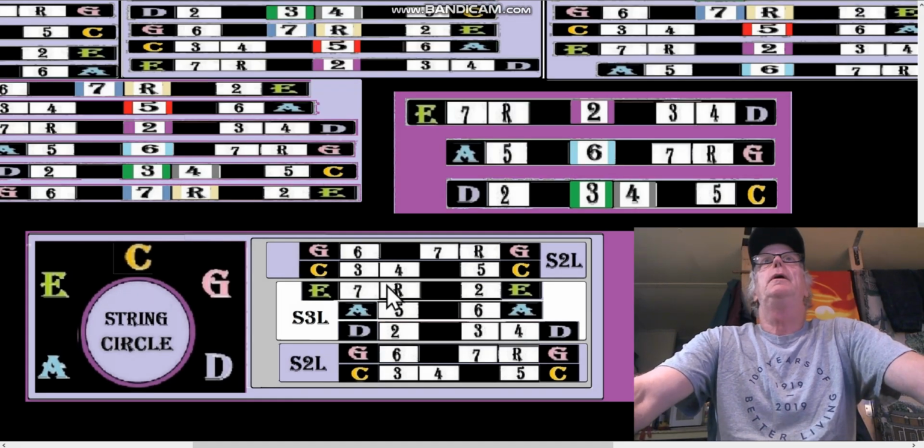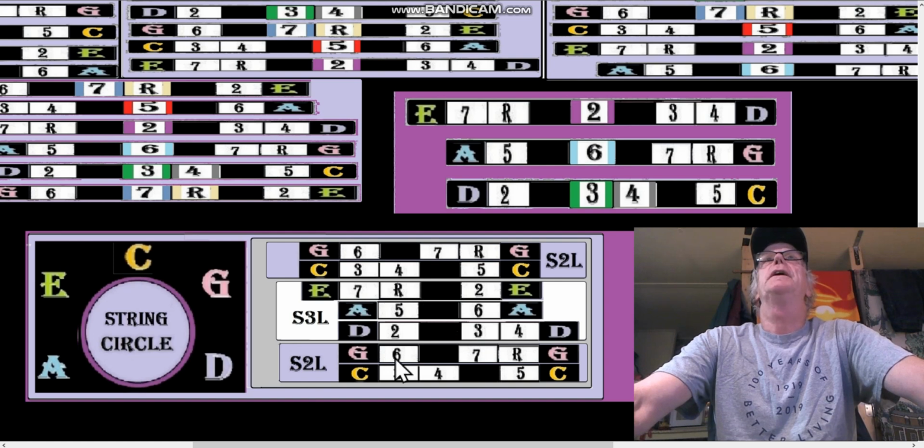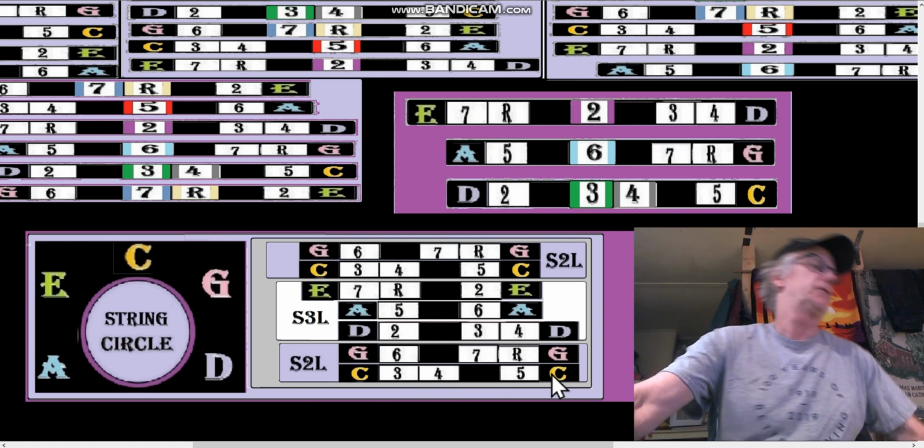So we're looking at the S2L and the S3L patterns, and the new thing to remember is that we have the string shape assignments for each of the pattern strings. Here are 5 strings, and there are 5 string shape assignments: C, G, D, A, and E, and these are the bottom strings of those diatonic scales.